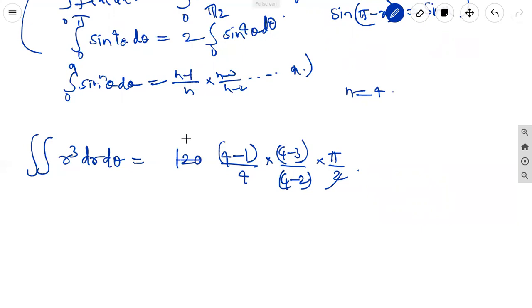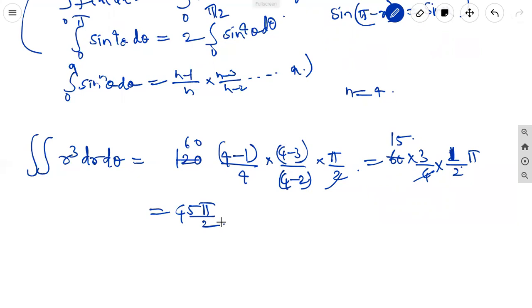So 120 into 3 by 4 into 1 by 2 into pi by 2, which gives 45 pi by 2, or 45 by 2 into pi. That is the double integral of r cube dr d theta value.